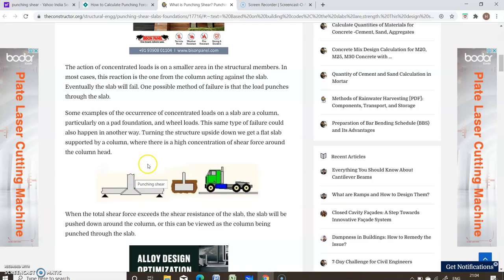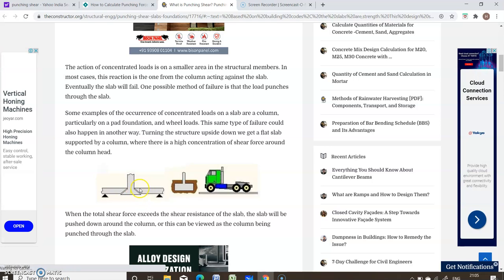You know how the punching machine works. You have used machines to punch holes in paper. So the punching force required will be equal to the perimeter of the punch multiplied by the thickness of the member into the shear strength.